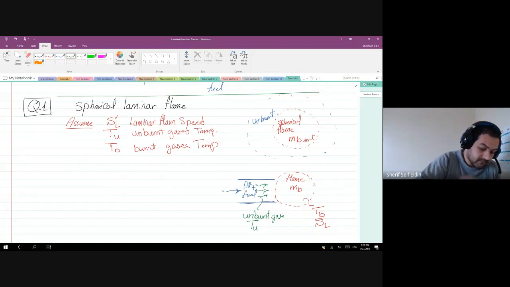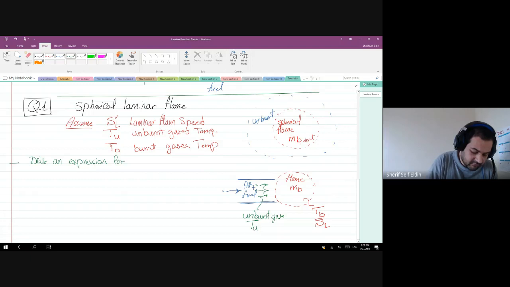So we will be deriving an expression for the radial velocity, using mass conservation for an integral control volume.